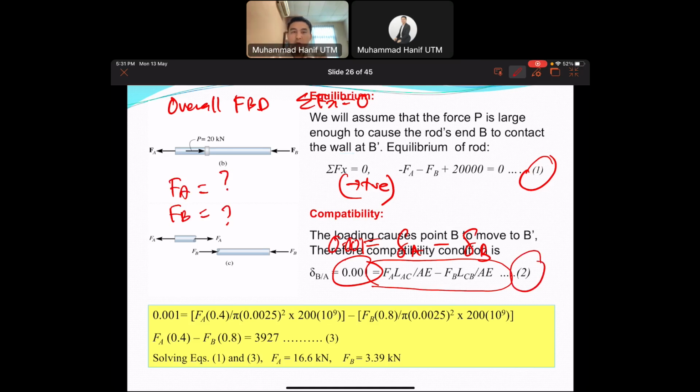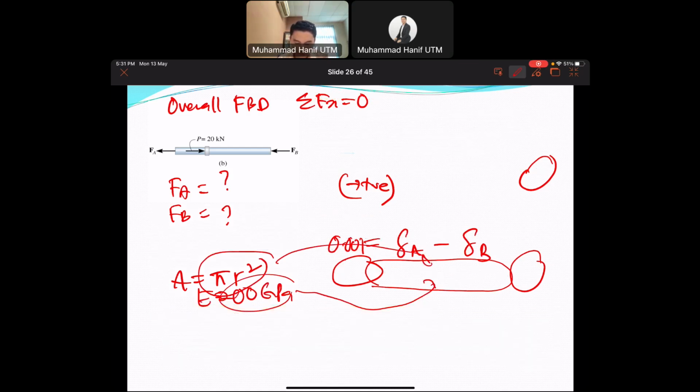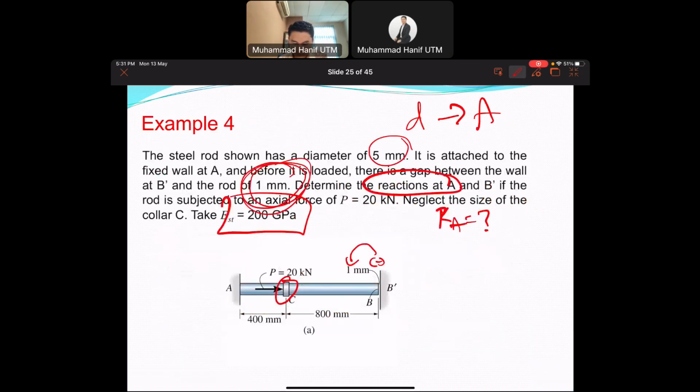So we already have two equations. The next step is just to put in the given information, like the area here. The area can be calculated using pi r square. E is also given, 200 gigapascal. So just substitute into this equation. The distances are given from the previous slide, where 400 for AC and 800 for CB.